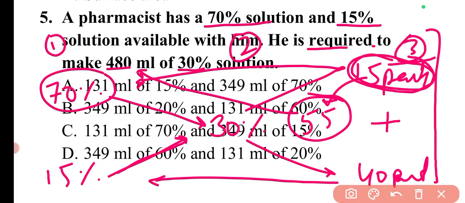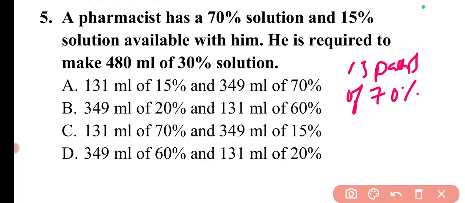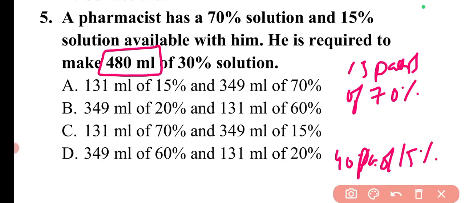So there are 15 parts of 70% and 40 parts of 15% solution. These two quantities we will have. Now how much volume do we need to make? A total of 480 ml, with total parts 15 plus 40, 55 parts.